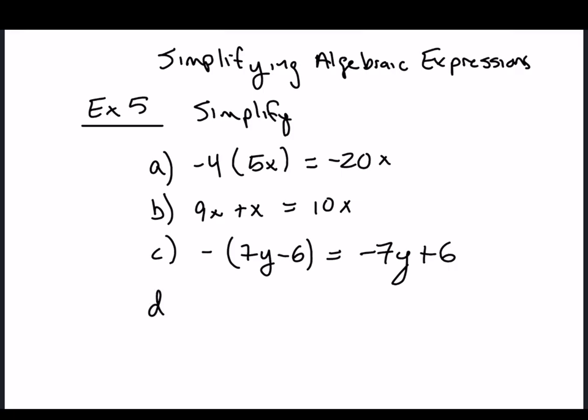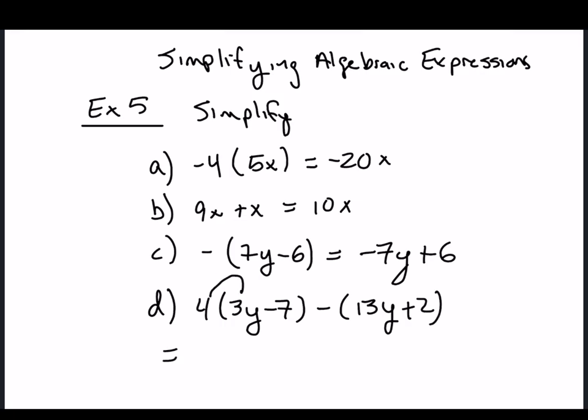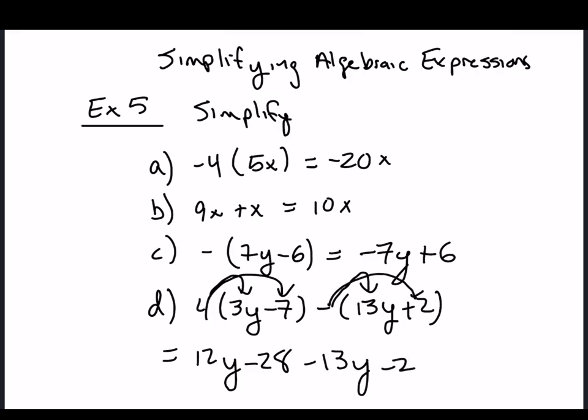Okay, one last example here. If we have 4 times 3y minus 7 minus 13y plus 2, we can first distribute the 4 to the 3y to get 4 times 3, which is 12y, 4 times negative 7, which is negative 28. Then we can distribute this negative to get negative 13y, and then minus 2.